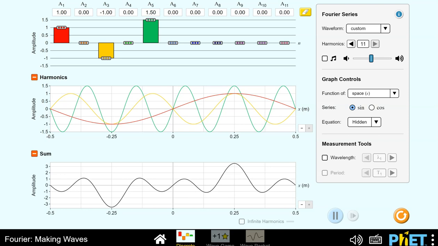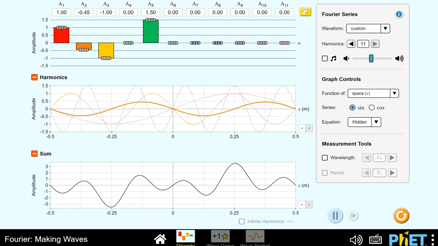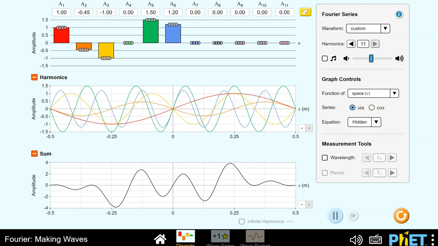So this A3, since I went down to a negative amplitude, it oscillates going upwards first. But as we add these three waves together now, the pattern that we're seeing on the bottom keeps changing because it's adding all of these different waves together.